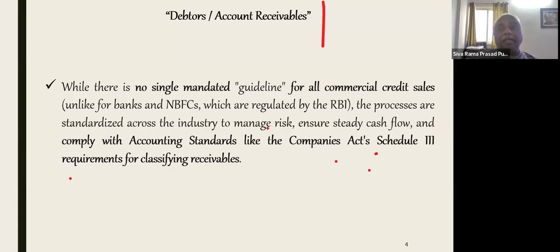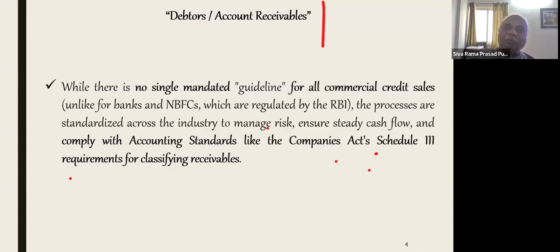Well, there is no single mandatory guideline for all commercial credit sales, unlike banks and NBFCs, which have RBI. Once the banks give credit to the public by way of loans and advances, the stipulations come from the Reserve Bank of India. But in companies, there is no stipulation.